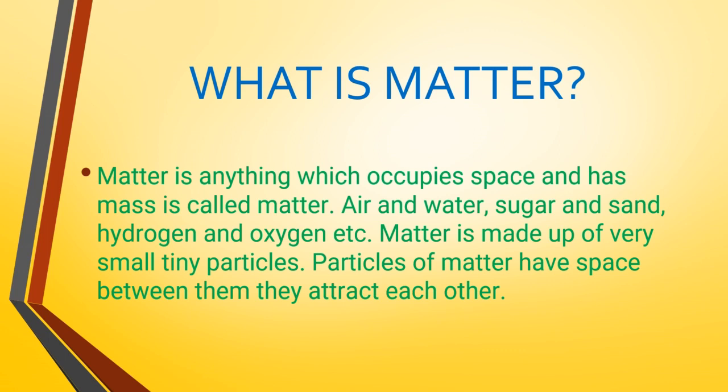Matter is made up of very small tiny particles. The atom is among the smallest particles, but before the atom we have the quark. The quark is the tiniest particle in this whole world. After the quark comes the atom, and a number of atoms form matter.